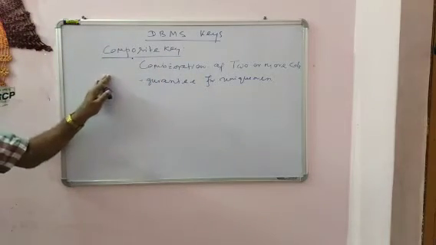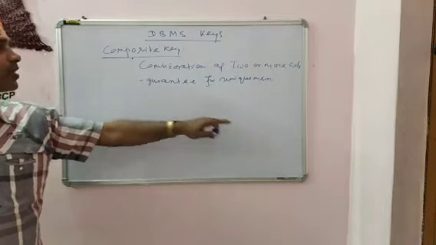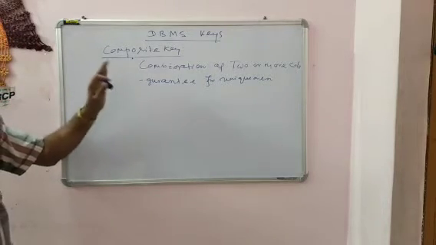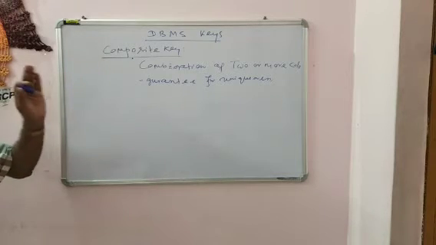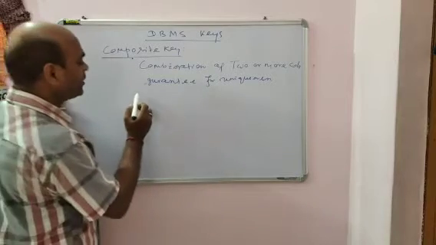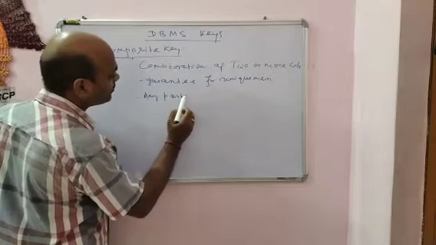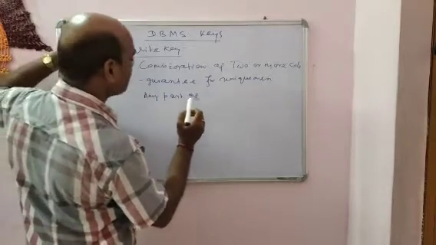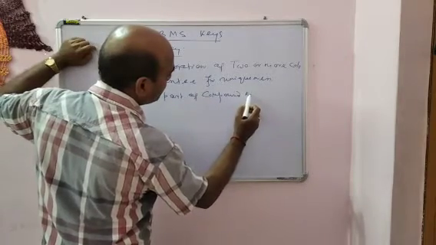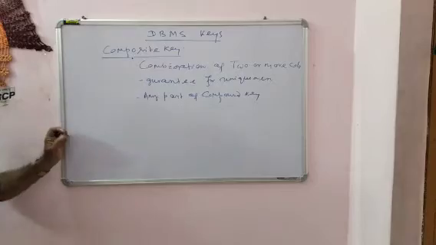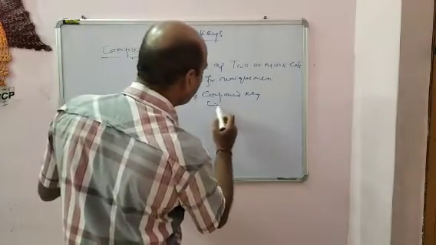This is the composite key that guarantees uniqueness, but individual columns do not. The difference between compound and composite is that any part of the compound key can be a foreign key.